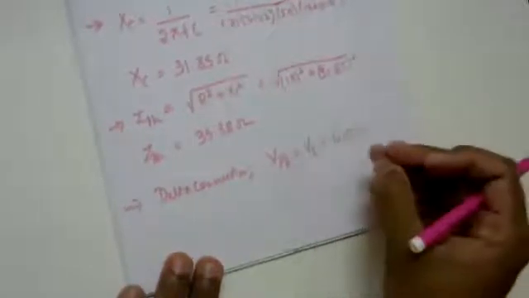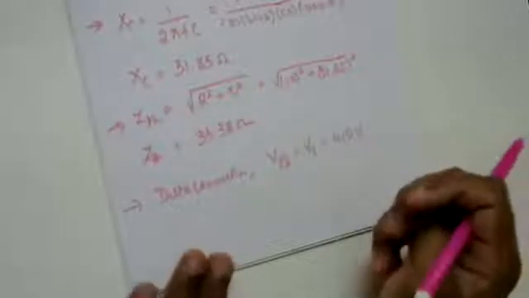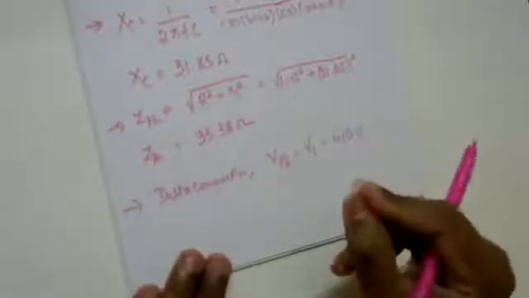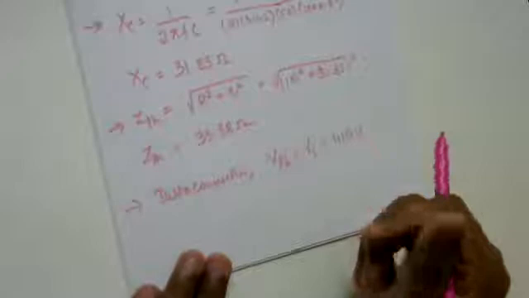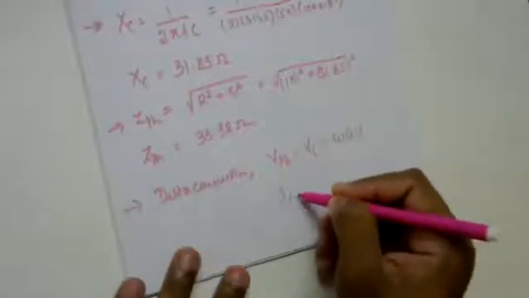Then I can simply compute what my line current is. Line current will be equal to root 3 times the phase current.